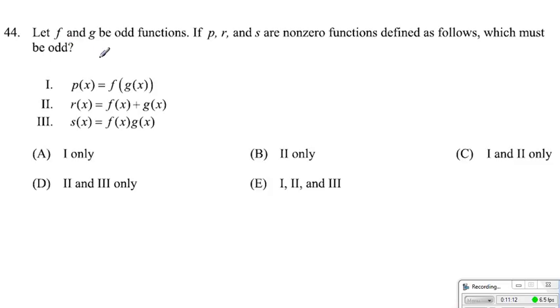Alright, f and g are odd functions, and p, r, s are non-zero functions defined as below. So which must be odd? So here, an odd function of an odd function. What we are looking for is that when you plug in negative x to an odd function, the result has to be the negative of the original function.